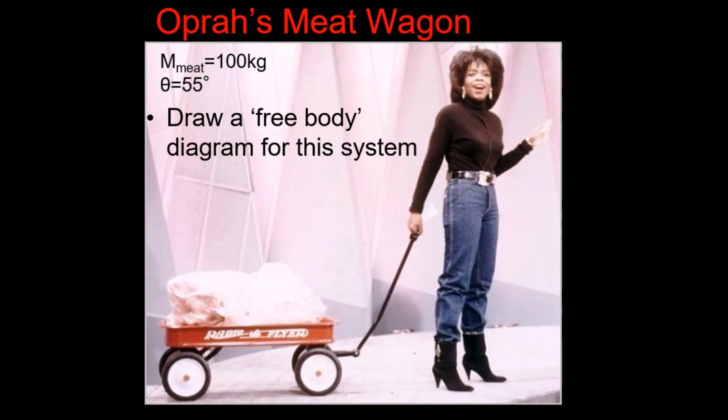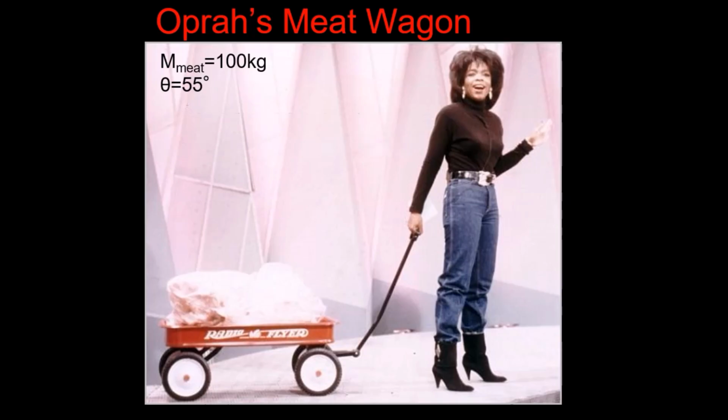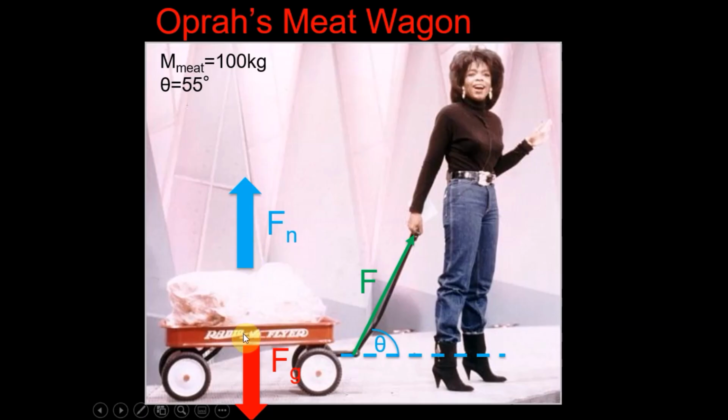First thing we want to do is draw a free body diagram for this system. So in this system we will have, of course, our normal force and our force due to gravity acting against one another. This means in the y direction these should cancel and we won't see any particular effect from these two.